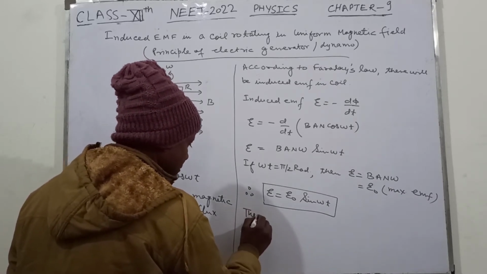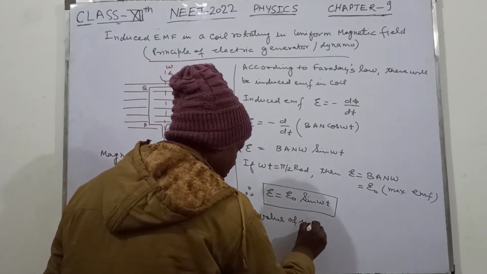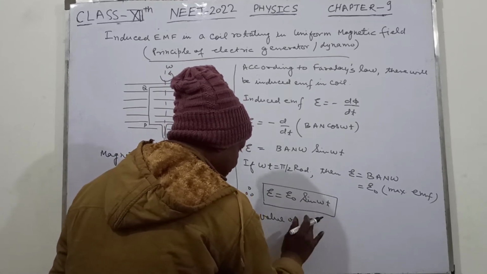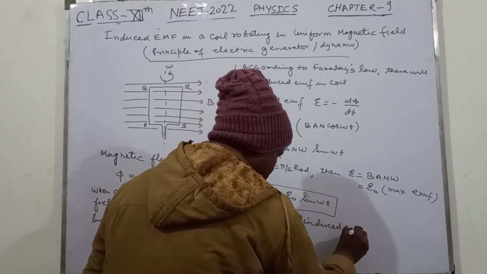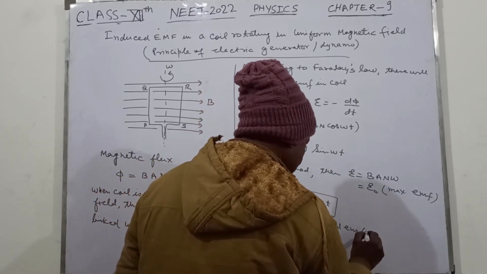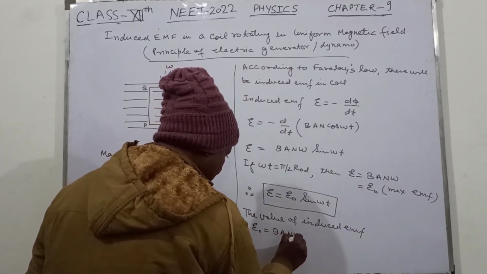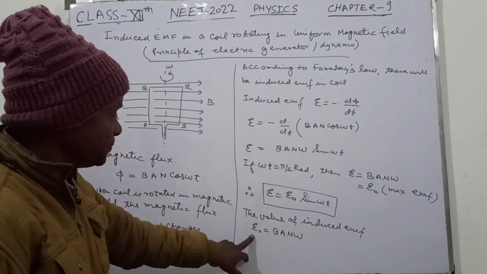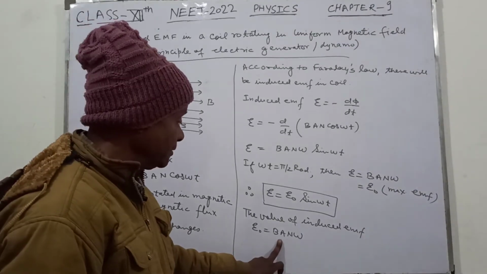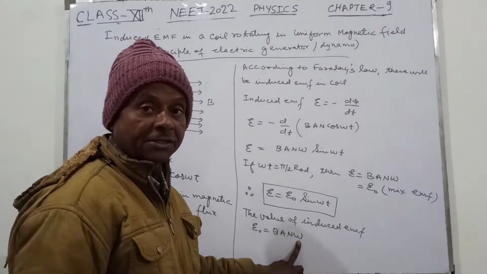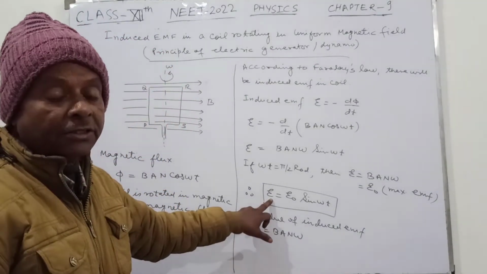The peak value of induced EMF, E naught, is equal to B A N omega, and you can see that this peak value depends upon four factors: the magnetic field, area, number of turns, and the angular velocity. This E is the instantaneous induced EMF.